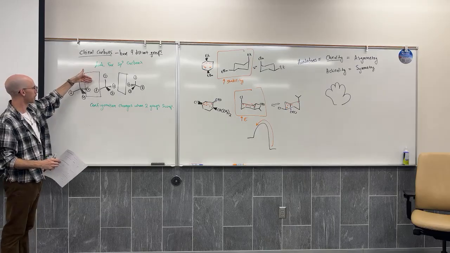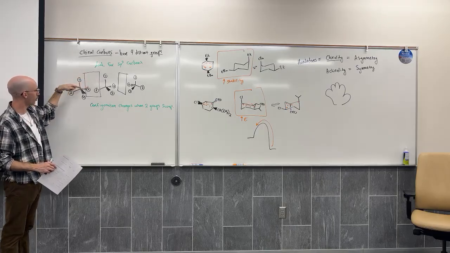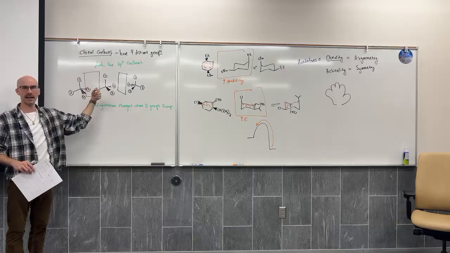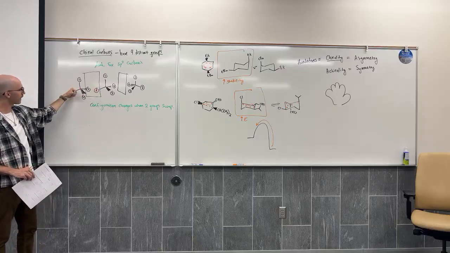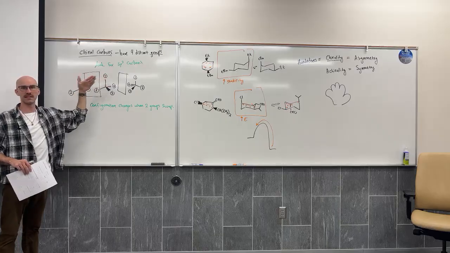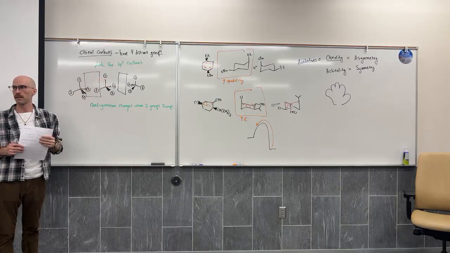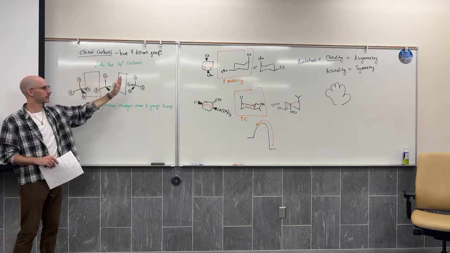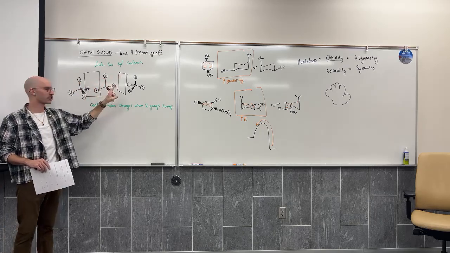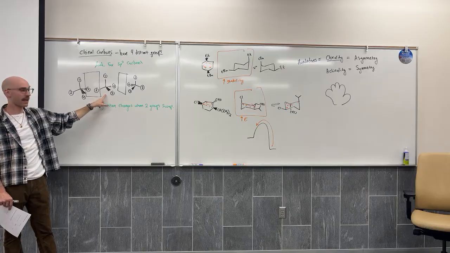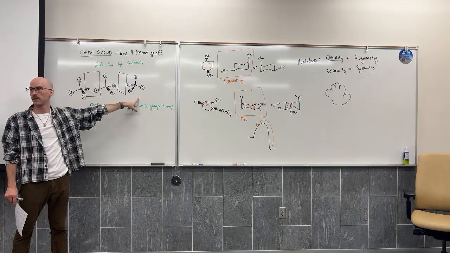Here's the mirror. 3 is pointing towards the mirror, which means that within the mirror, 3 is pointing back at you. 4 is facing away from the mirror, which means that inside the mirror, 4 is facing away from you. So I have swapped back and forth. I have swapped left and right, which means that in the middle, I have a different configuration than what I have on the left and the right.